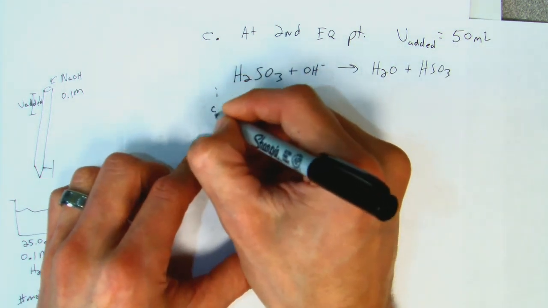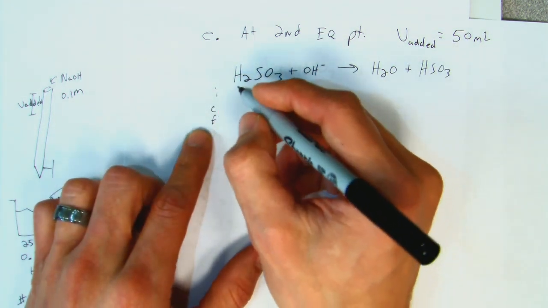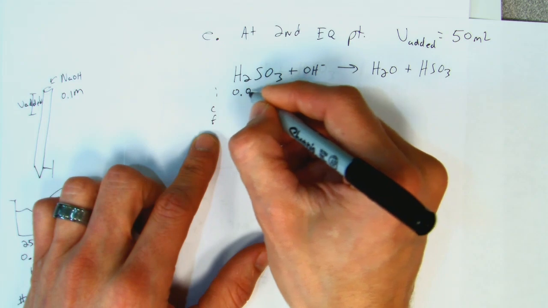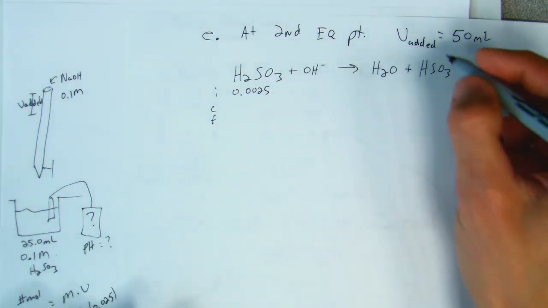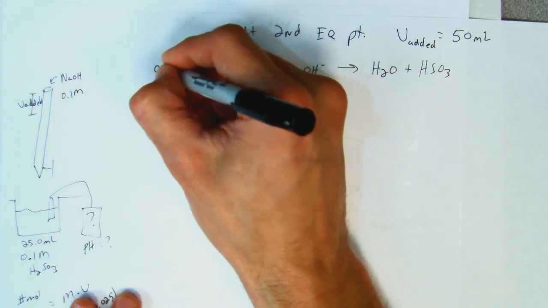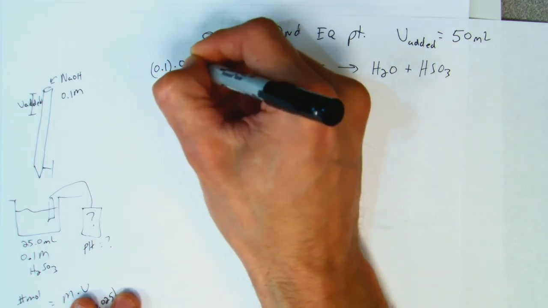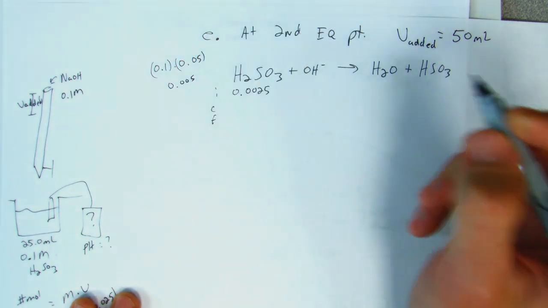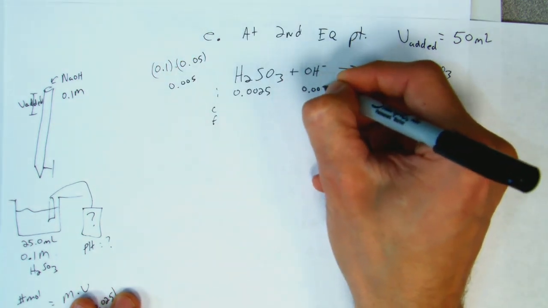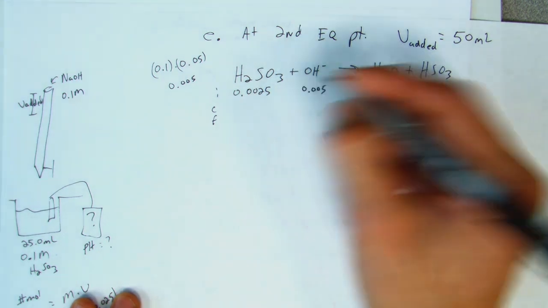We start off with our ICF. Nothing's really different, right? We have 0.0025 moles of this. And now if I add 50 milliliters, I do my 0.1 mole per liter times 0.05, and I have 0.005 moles of my base. Okay. It becomes a limiting reagent problem.